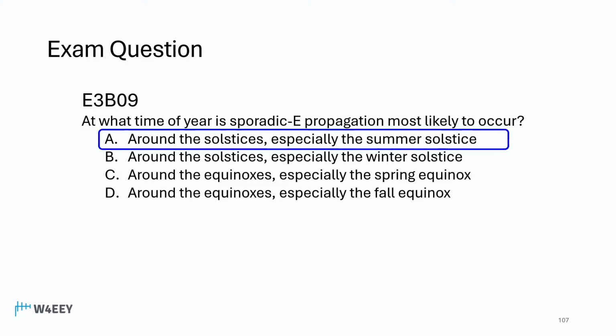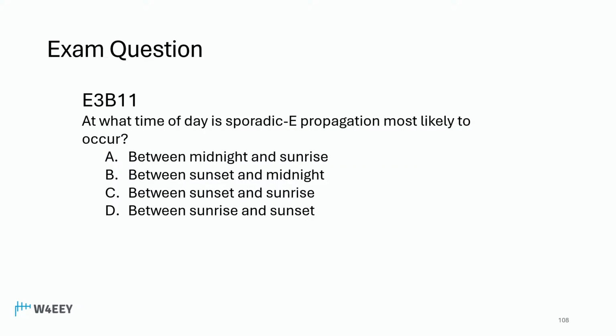Alpha, around the solstices, especially summer. At what time of day is sporadic E propagation most likely to occur? Delta. Between sunrise and sunset. That's when the sun is illuminating our side of the Earth.